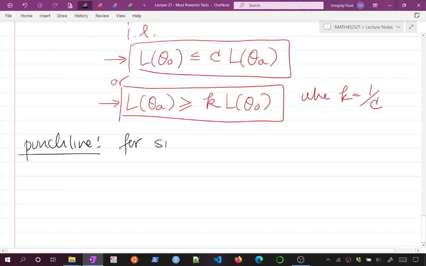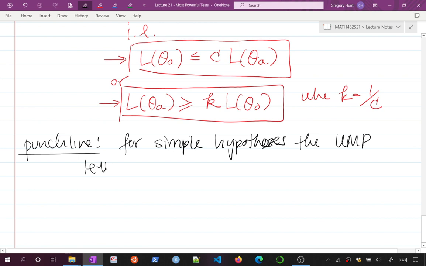So in words, for simple hypotheses, the UMP level alpha test is the LRT. So this procedure of LRT for simple hypotheses is the UMP level alpha test.